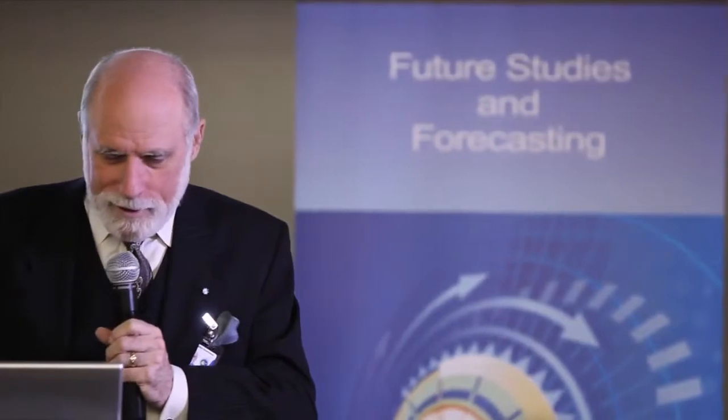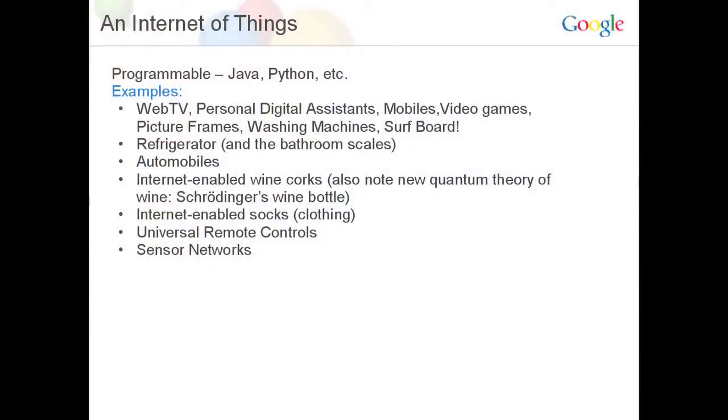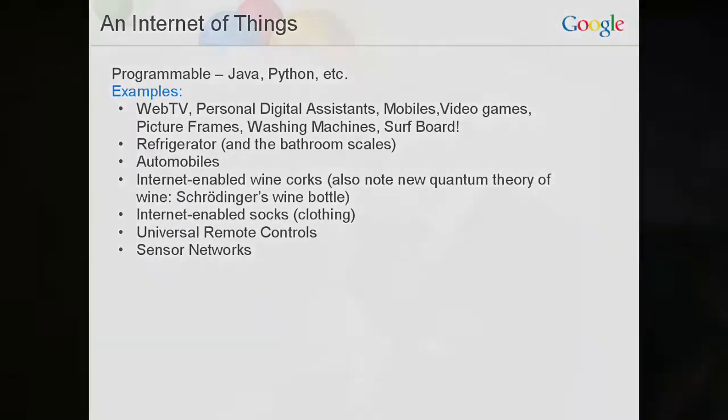So my belief right now is that we are going to see many billions of devices on the net. Probably more devices than there are people. Some of them we already see today, like web TVs or personal digital assistants or computer games that people connect to the high-speed internet and they talk to each other while they're shooting at each other.